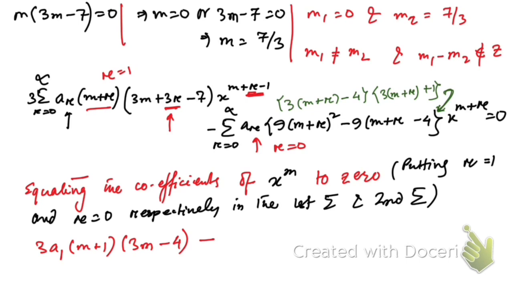So in the first summation we have put 1, in the second summation we have put r is equal to 0. Why 1 and 0? If you put 1 here, it's going to be x to the power m, and if you put 0 here, it's also going to be x to the power m, right? The power on x must be the same in both summations. That is the concept behind it.